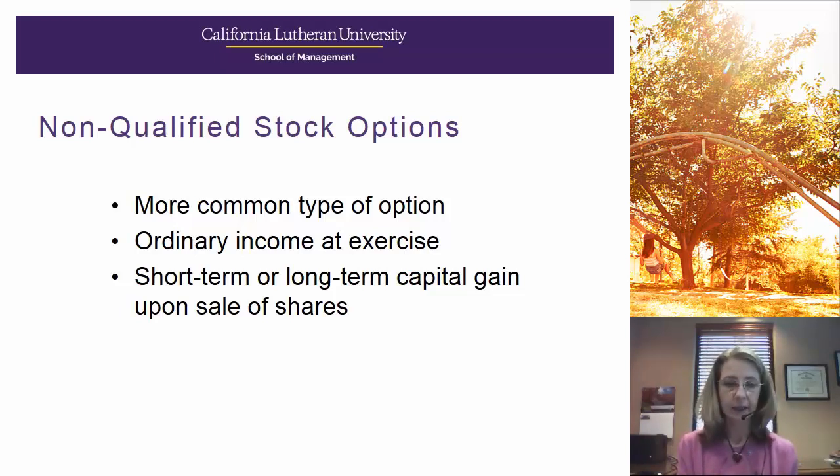But once the options are exercised, when the stock is sold, it obviously is considered either short or long-term capital gain, depending on how long the stock is held. So this is a way that all employees who have the ability to take advantage of non-qualified stock options can benefit in a tax-advantaged way from investing in the company.